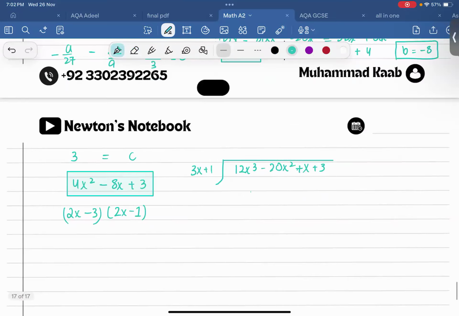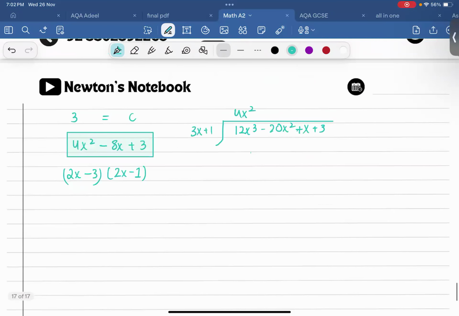So what you need to do is pick the terms. The inner first term divided by outer first term gives 4x squared for the first term. When you multiply everything, 3 fours are 12x cube, and then plus 4x squared.